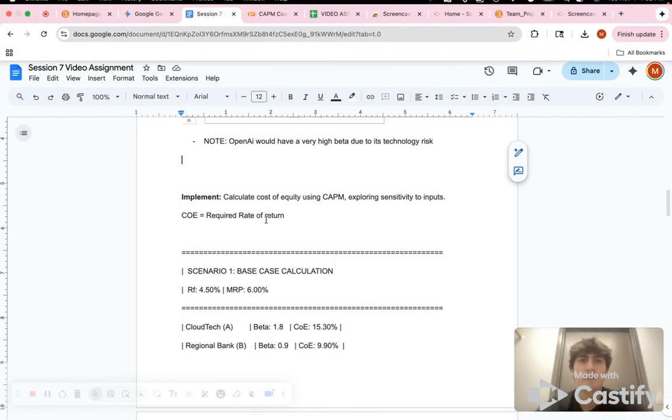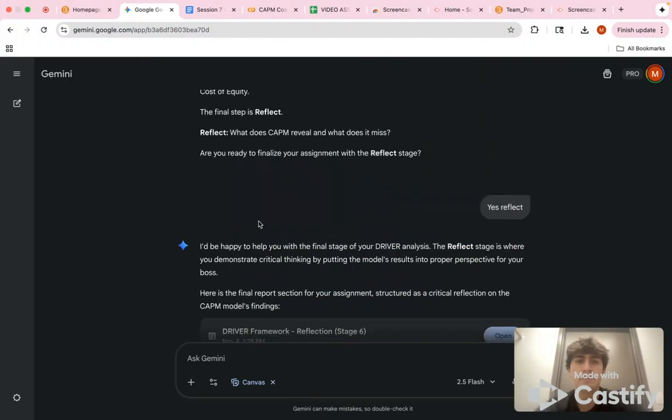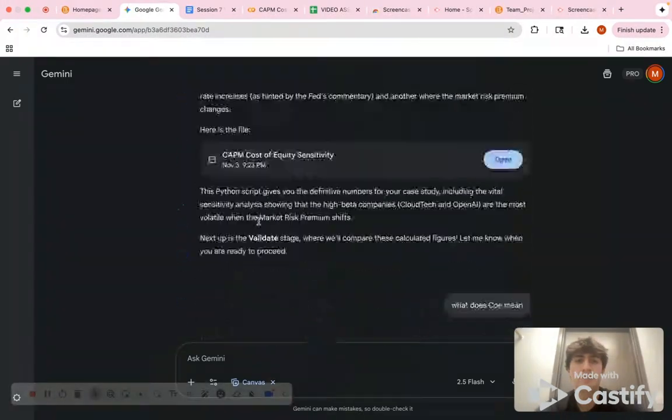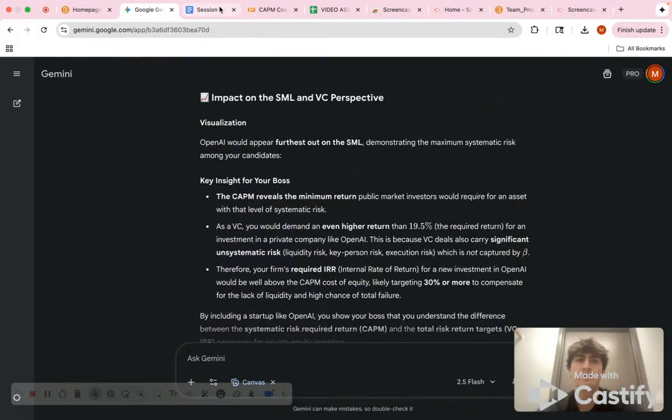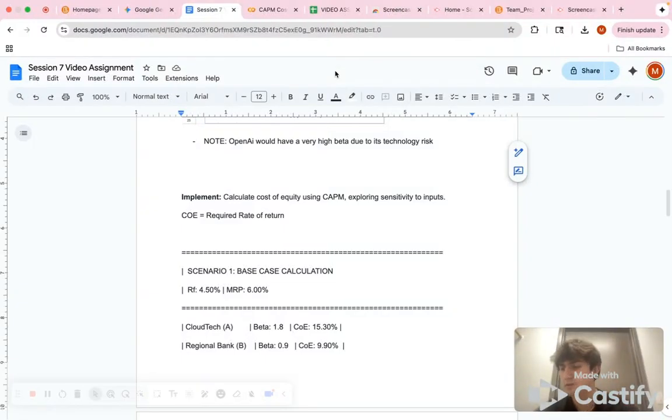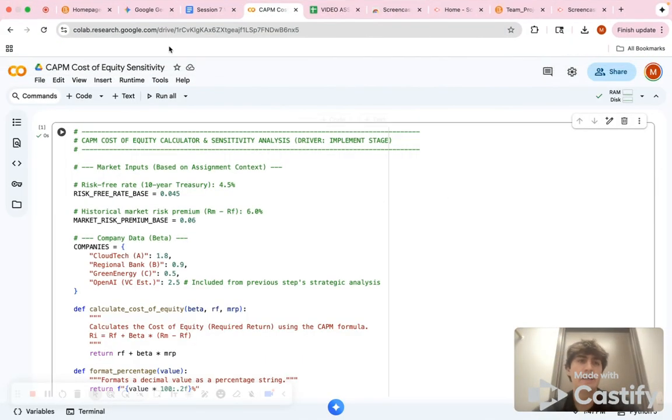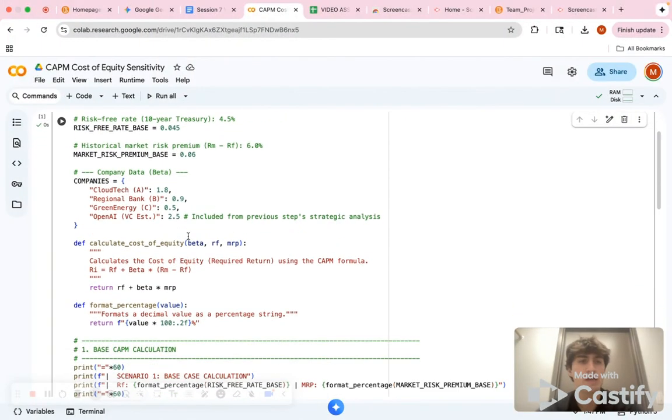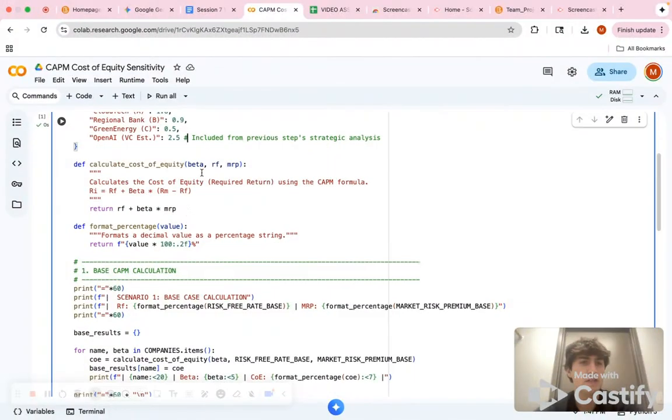So now we move to our implement, which is where we went into our Google Gemini, and basically I had it walk me through the whole driver framework. I was using it to assist me along the way, and I developed it. I had it write me code using the CAPM formula. As we see here, we have each of our company data as well as their betas.